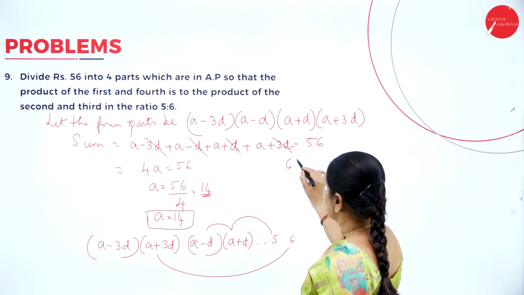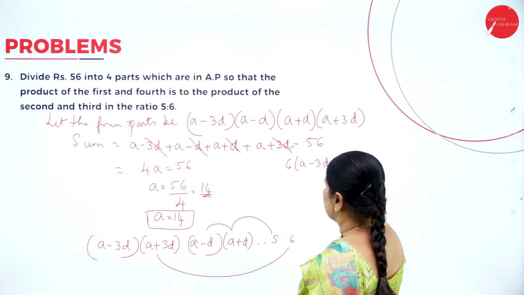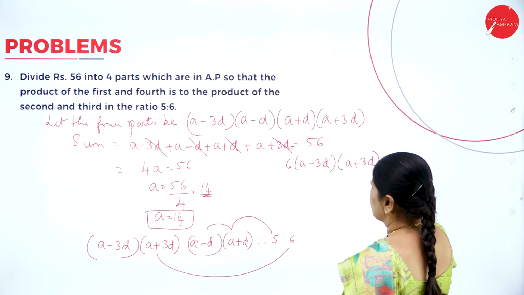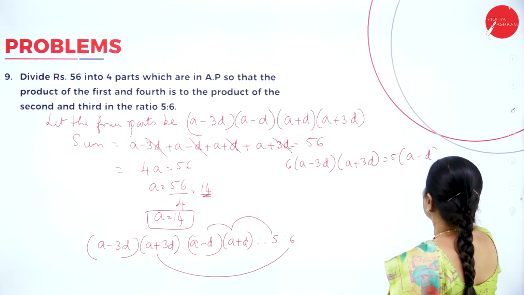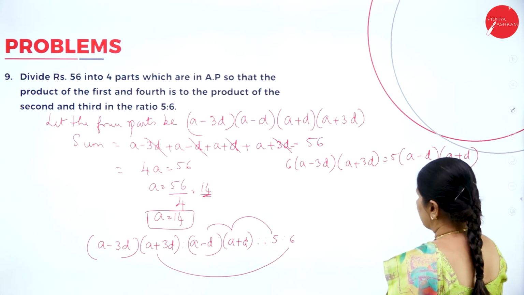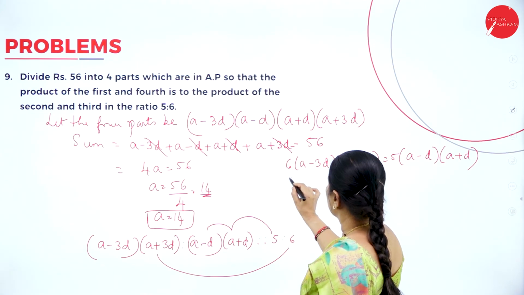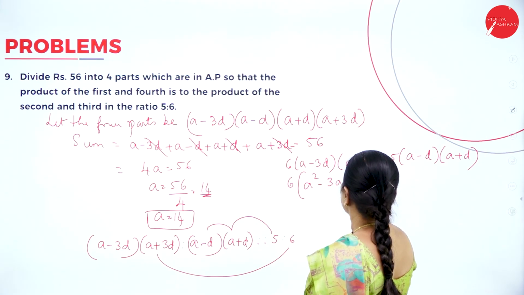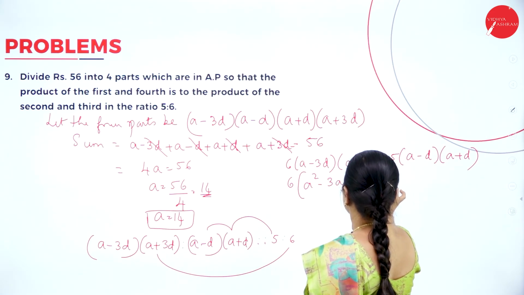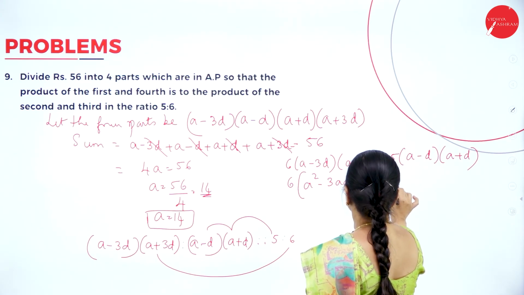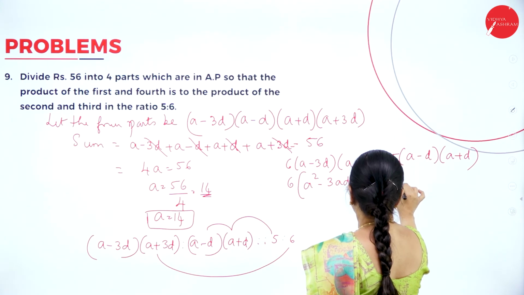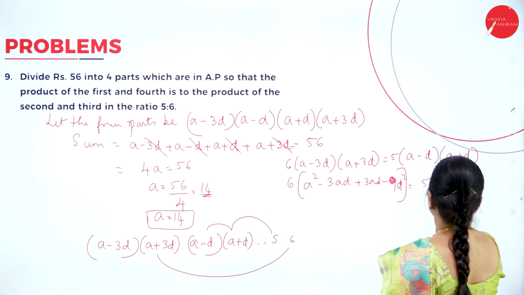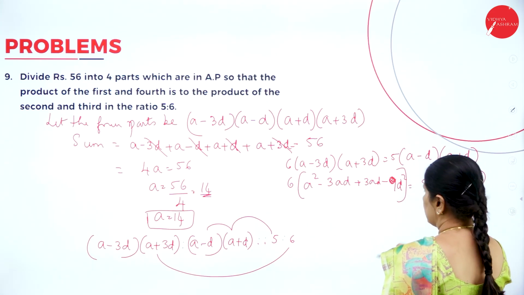So, I get 6 into A minus 3D into A plus 3D equals 5 into A minus D into A plus D. So, this will be 6 into A square minus 3AD plus 3AD minus 9D square equals 5 into A square minus D square.